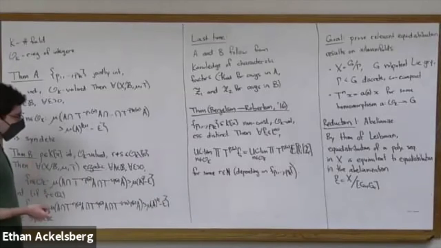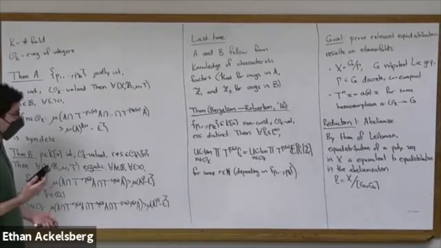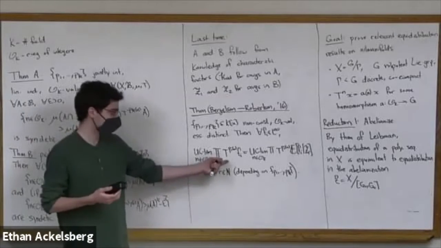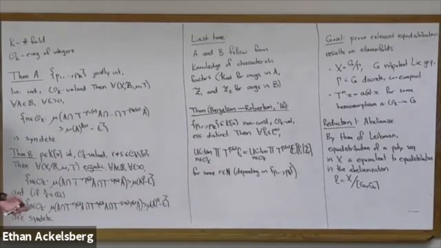And the next reduction I'm going to make is to the totally ergodic situation. If you have a totally ergodic nil system, then you want to show that this limit, if the P_i are linearly independent, should be the product of integrals.